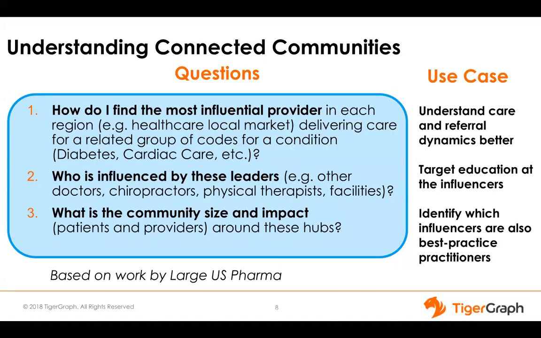So here's an interesting application that we've come across with some of our customers and people looking at using TigerGraph. This was a use case from a large pharmaceutical. They wanted to look at the data of healthcare providers or prescribers in a particular region, so not the whole world, and for a particular group of codes for a condition, such as diabetes.